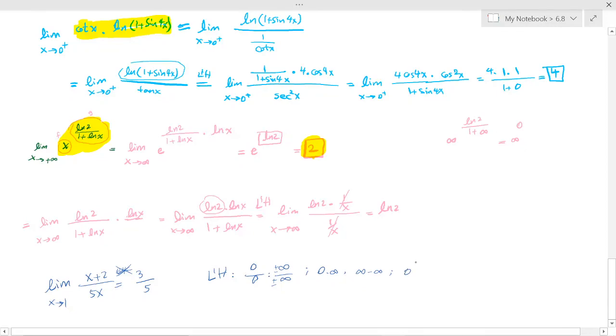There's 0 to the power 0, infinity to the power 0, or the last one was 1 to the power infinity. In these cases, you apply L'Hopital's rule, but you have to write in terms of a fraction first, then you apply L'Hopital's rule. These cases are the ones that sometimes require L'Hopital's rule, sometimes it's simple and it doesn't require it.